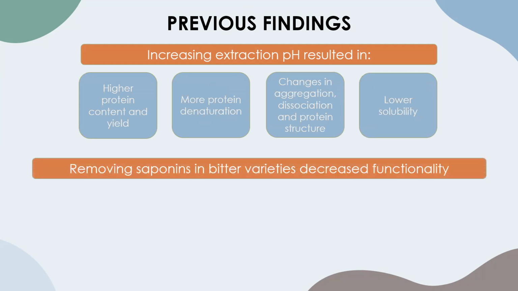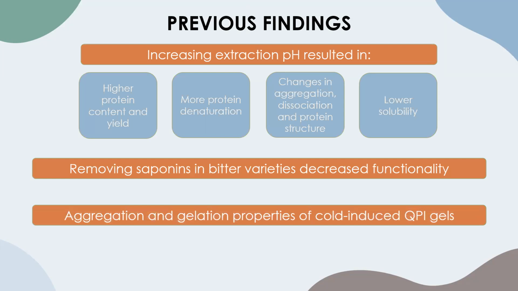Additionally, quinoa comes in two different varieties, sweet and bitter, and commonly bitter quinoa has a high level of saponins. Most studies that have been done on quinoa protein isolates have been done on the bitter variety. However, there have been studies done on removing the saponins from the bitter varieties, but removing the saponins showed a decrease in functionality.